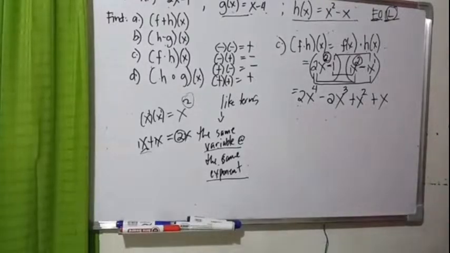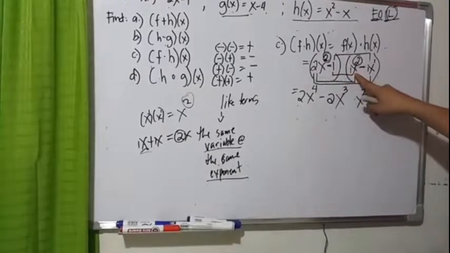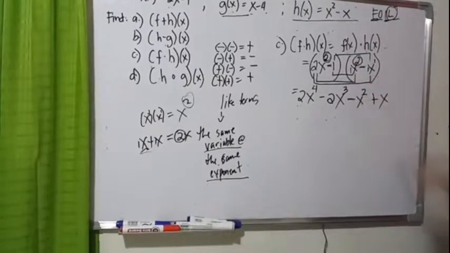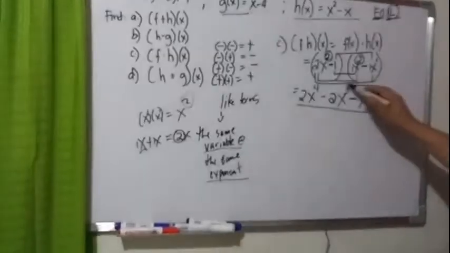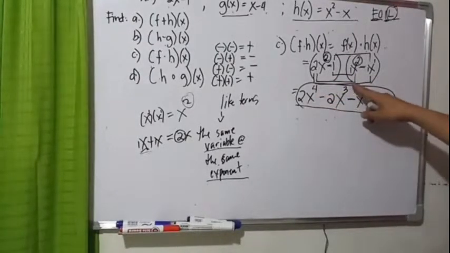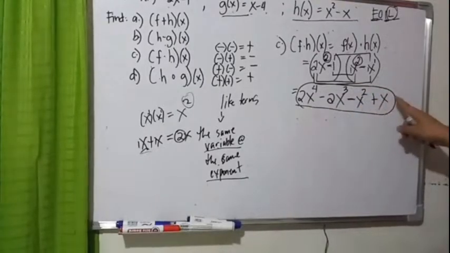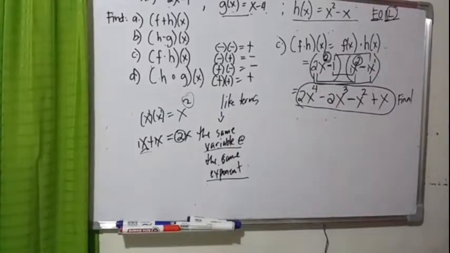Okay, so that is your final answer kasi wala na tayo i-simplify dito. So, 2x raised to 4 minus 2x raised to 3 minus x squared plus x. Ito yung final answer natin sa product of the given function.